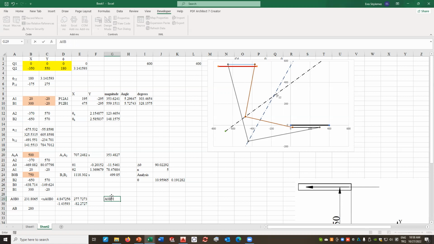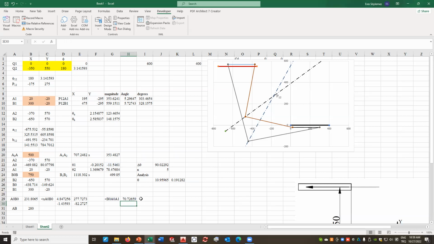This angle, B0, A0, A1, is equal to theta 1 minus 82 degrees, 70 degrees. Can everyone see that? It is this angle, 70 degrees.